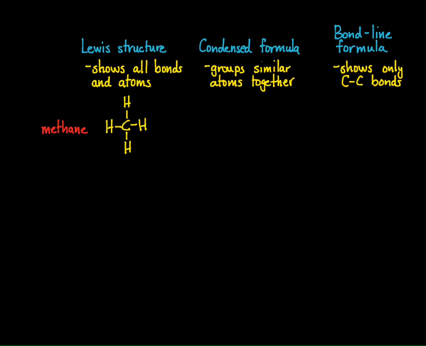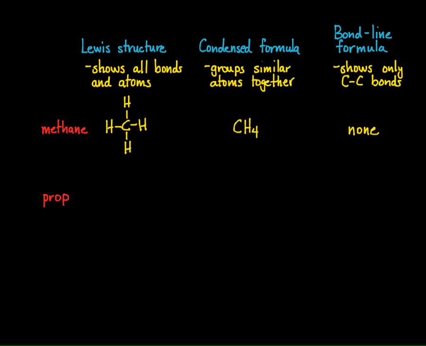So when we think about drawing a condensed formula, the condensed formula is simply, in this case, identical to the empirical formula because we only have 1 carbon, and so it is CH4. Now, for a bond line formula, remember bond line formula only shows carbon-carbon bonds. Methane has no carbon-carbon bonds, and therefore there is no bond line formula for methane.